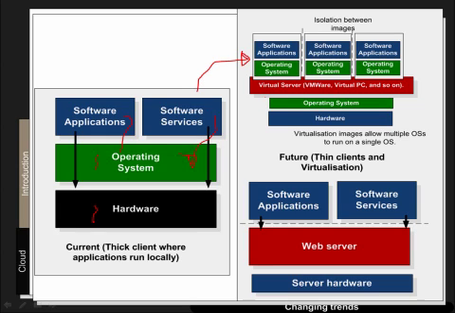With this we can install a virtual server such as VMware or Virtual PC, and then inside there we can run multiple operating systems, all of which are isolated from each other. So we can have our operating system installed, or we can have bare metal virtualization, where the virtual server runs directly on the hardware.